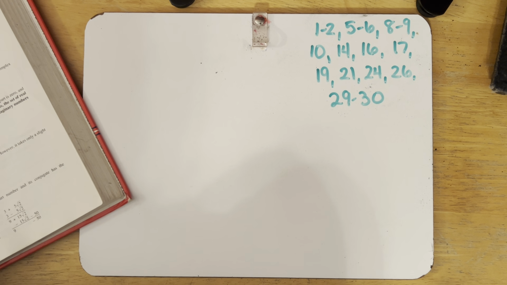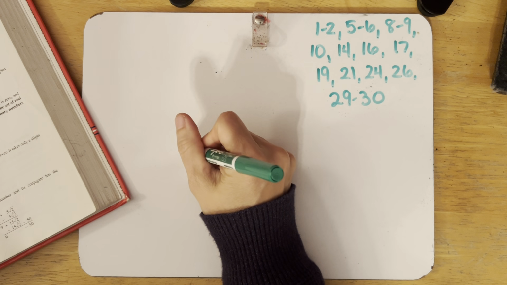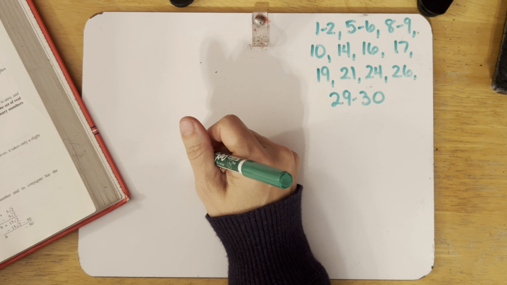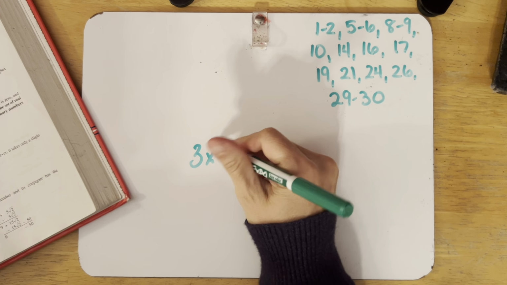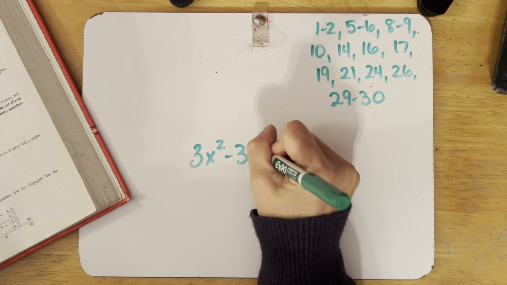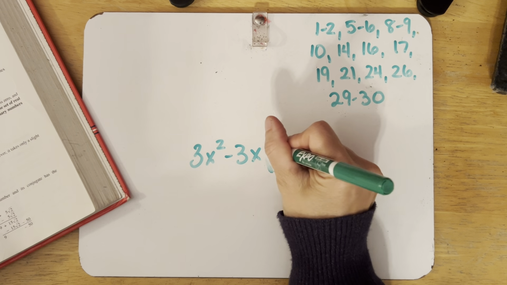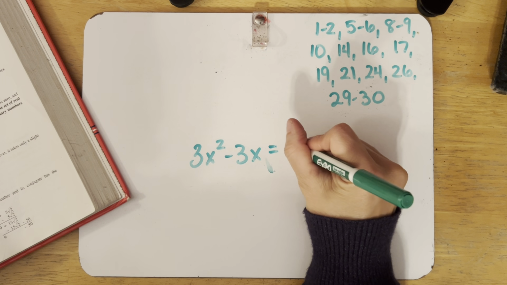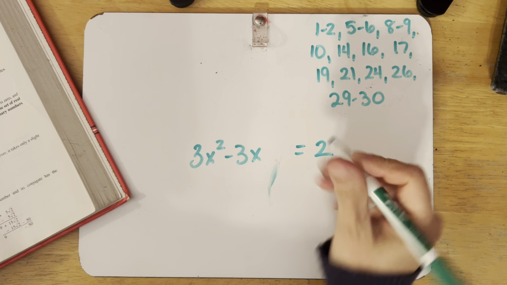Okay, 16. Completing the square. All right, well, let's get this written in a format we can use. So we don't want a negative at the beginning of this. So 3x squared minus 3x, I'm essentially moving everything to the right side, minus, let's see, equals, I gotta leave a space there, equals 2.